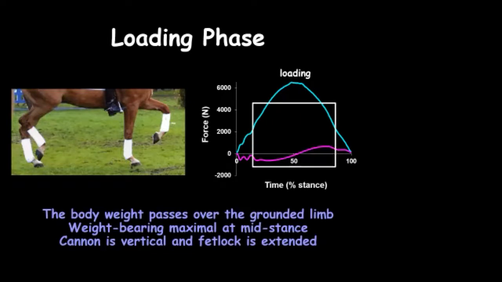Weight bearing is maximum in the middle part of the stance phase, so around about here, and that pretty much corresponds with the time when the forelimb is vertical. And if we were to follow this line up, we would see that it would go through the proximal part of the scapula, which is the center of rotation for the forelimb. And at this point, the fetlock is maximally extended.